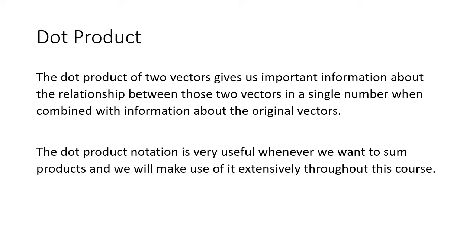So if there's some sort of mathematical operation where we're multiplying pieces in order and then summing those results, we can use the dot product to represent that mathematical idea in much more compact notation. And again, you're going to see that come up quite a bit, particularly when we get to things involving calculus in chapter 14 and chapter 16 and chapter 15, where the dot product notation is going to be very useful so that we can write these very complicated ideas in a very short amount of space.